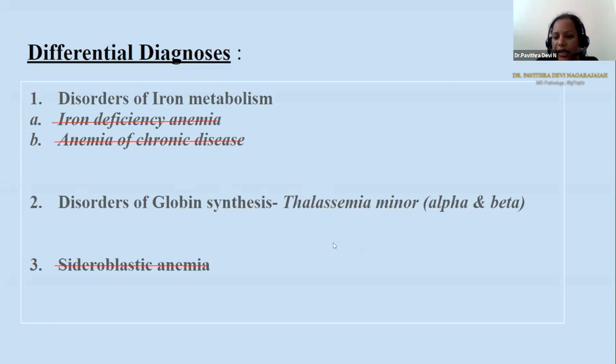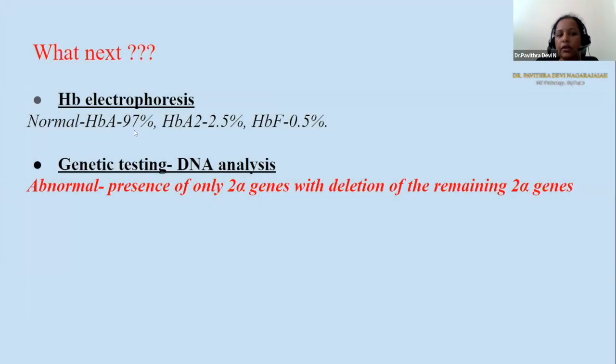But what do we do next to come to a diagnosis? So hemoglobin electrophoresis was ordered, which was essentially normal in this case, with a hemoglobin A of 97%, A2 2.5%, and fetal hemoglobin 0.5%.